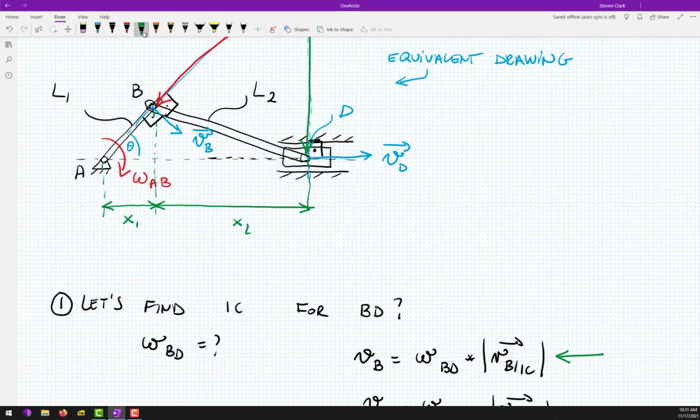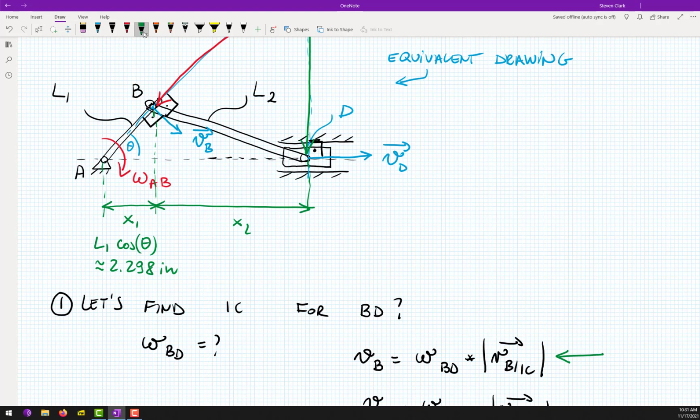Based on this triangle, x1 will be L1 cosine 40 degrees, or cosine theta. If you grab your calculators, you will obtain that this distance is approximately 2.298 inches.